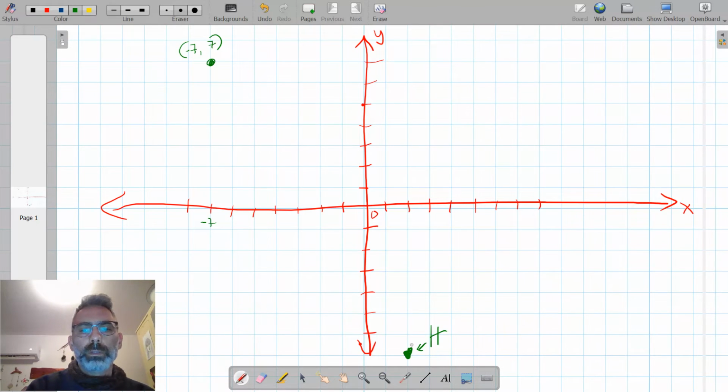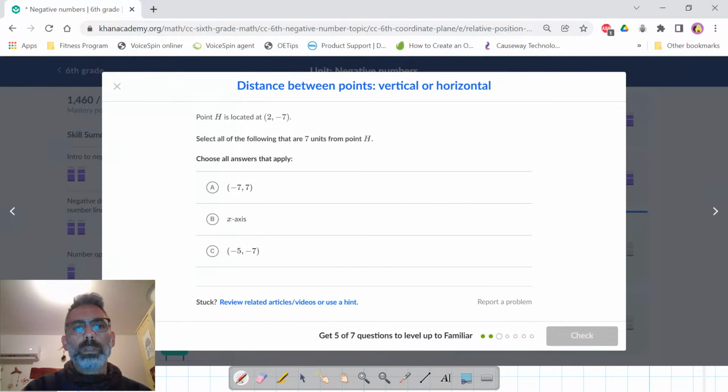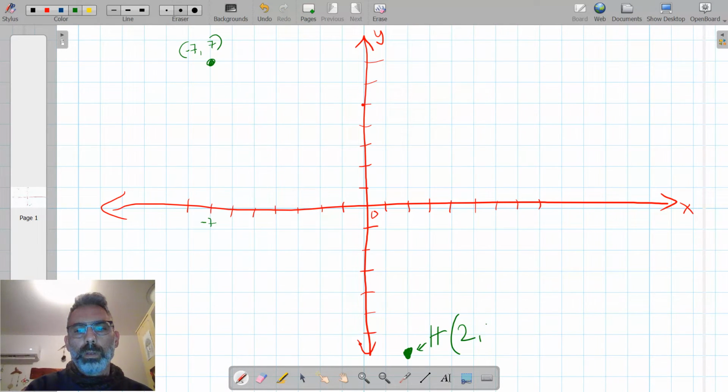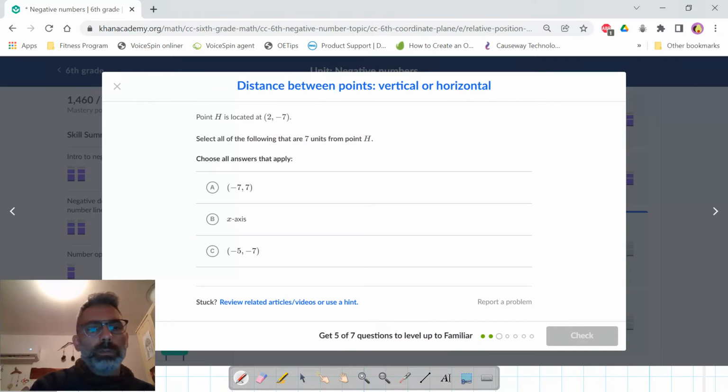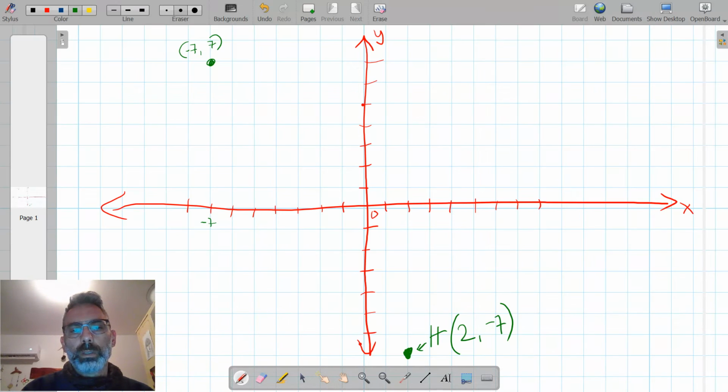The x-axis is located here, and it's indeed 7. This is 2, negative 7, so 1, 2, 3, 4, 5, 6, 7, we get to the x-axis. So the x-axis is correct.